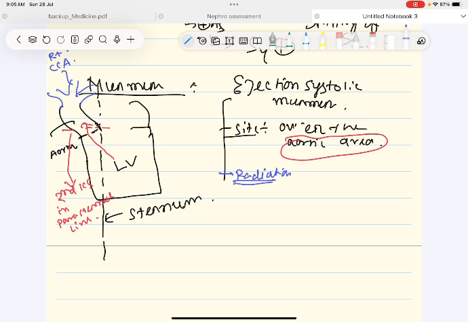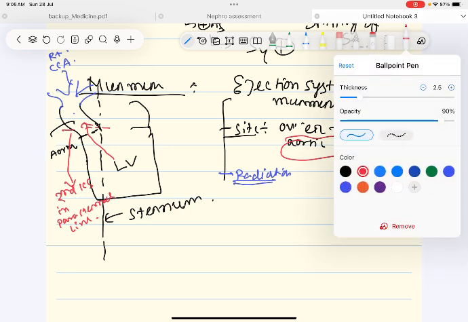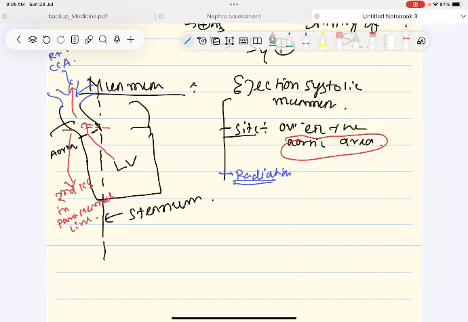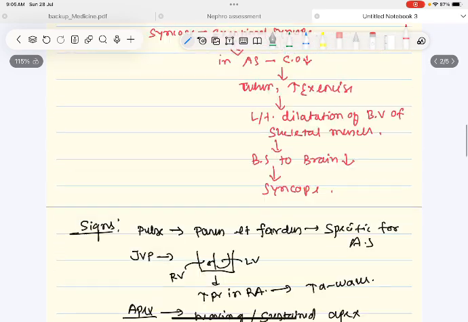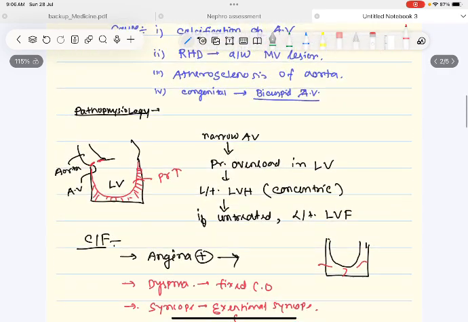So whenever blood flow gets a free pathway to the common carotid artery, there is radiation present in case of aortic stenosis, and it is to the carotid in the neck. These are all the signs and symptoms of aortic stenosis.